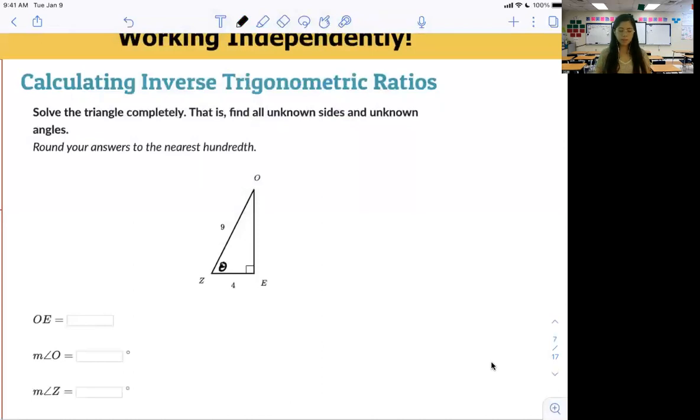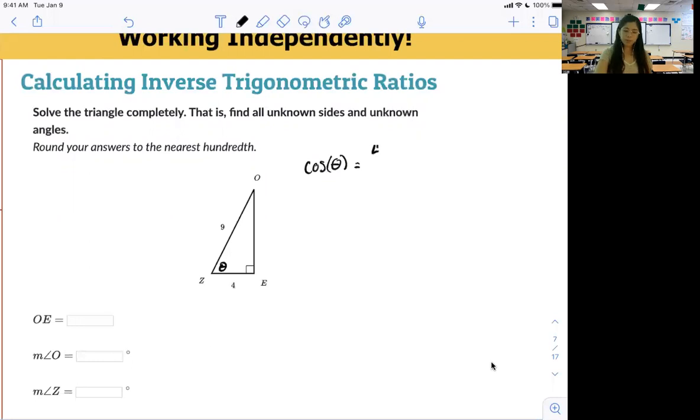How do I find the value of angle Z? Which function should I use? Close, Tyrone, not sine, because sine requires the opposite side, but I don't know the opposite side. So it's cosine. Good. So cosine of theta would be what over what? Adjacent over hypotenuse. Good.